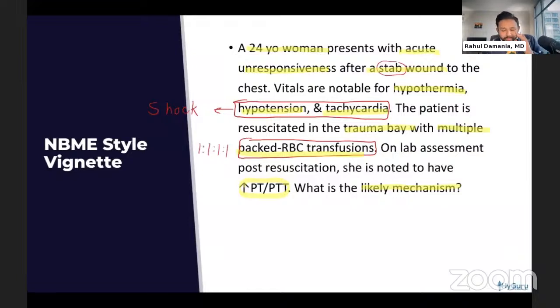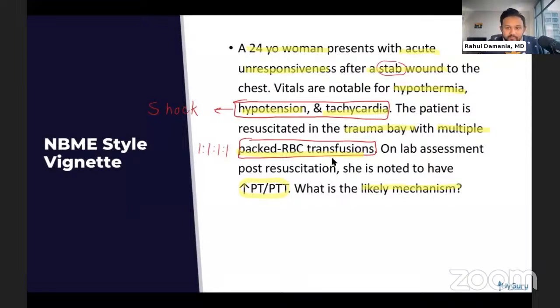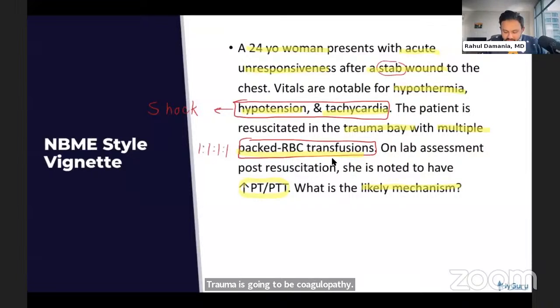However, this triad is going to be very important for us to know, and that is going to be the triad of trauma. Now, the triad for trauma is going to be coagulopathy, hypothermia, and metabolic acidosis.